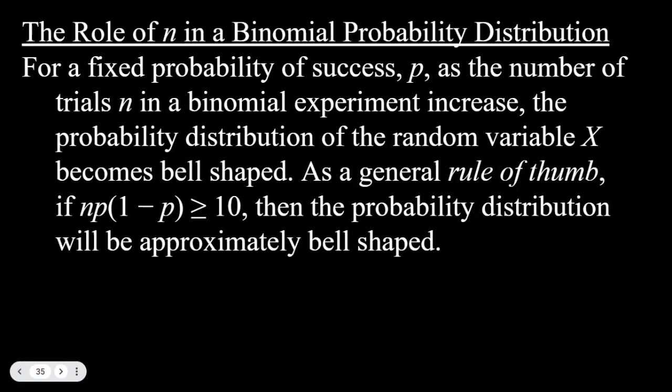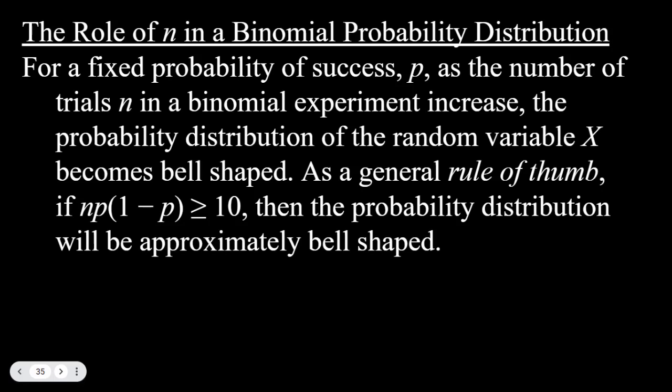Now, where do we use binomial probability distributions? For a fixed probability of success p, as the number of trials n in a binomial experiment increases, the probability distribution of that random variable x becomes bell-shaped, which means it is symmetric and the values are grouped towards the middle, and then they're very low on the outsides.